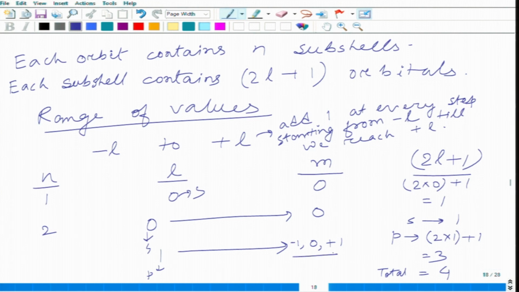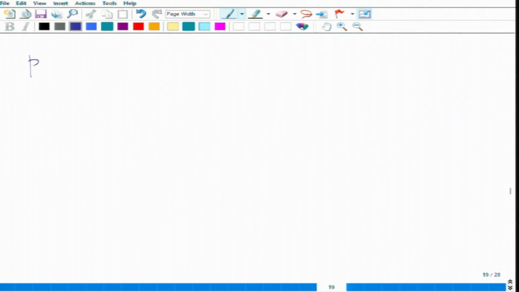So there are 3 orbitals. So p will have 3 orbitals, minus 1, 0 and plus 1.